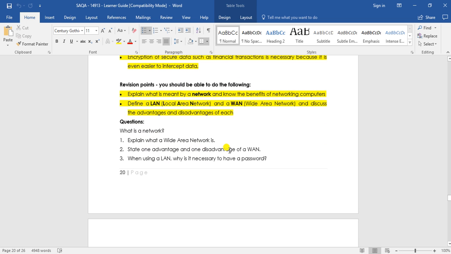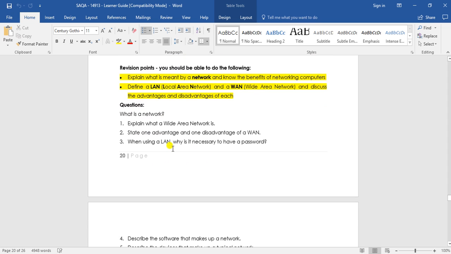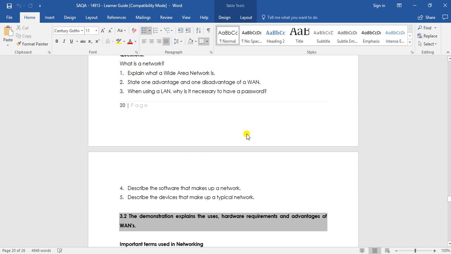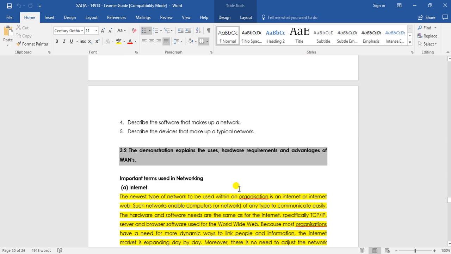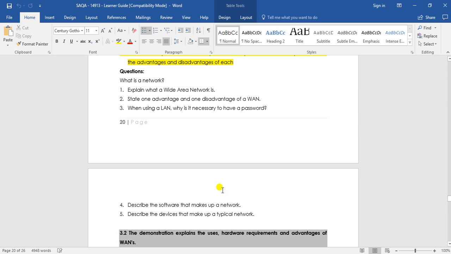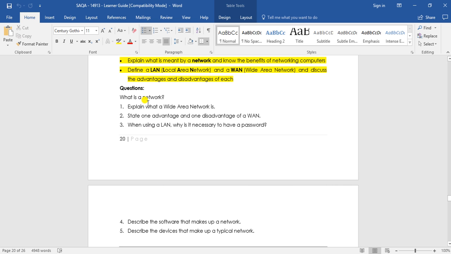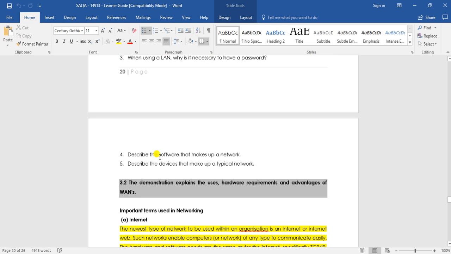State one advantage and one disadvantage of a WAN. When using a LAN, why is it necessary to have a password? Describe the software that makes up a network. Describe the devices that make up a typical network. Those are yours for you to answer. We have covered that on our previous sessions, so you could do that on your own.